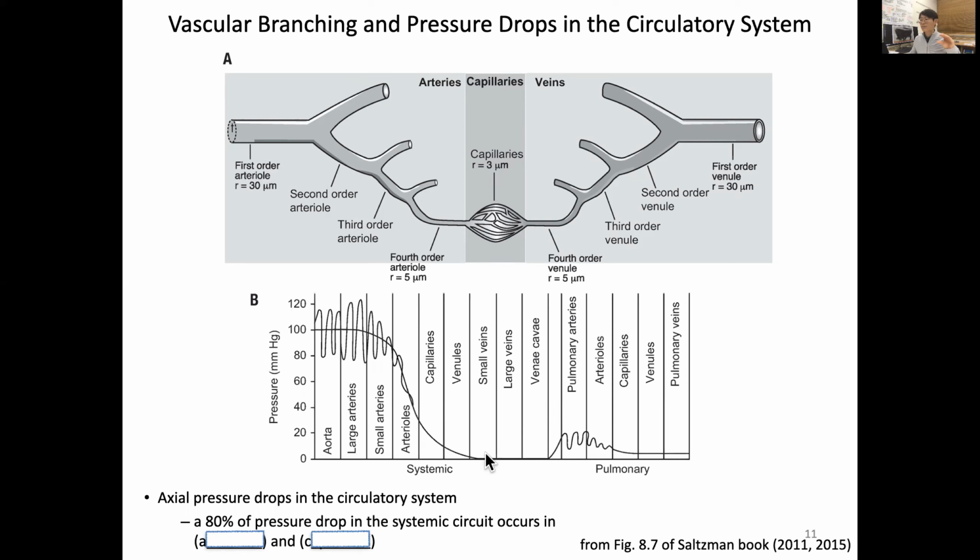Because of that, the pressure is very low in the veins. That's why the vein is a collecting system, and sometimes it needs a valve to prevent backflow. And of course, you can go to the pulmonary artery. So this is the axial pressure drop along the blood vessels in the circulatory system. About 80% of the pressure drop in the systemic circuit occurs in the arterial and capillary parts, as you can see here.